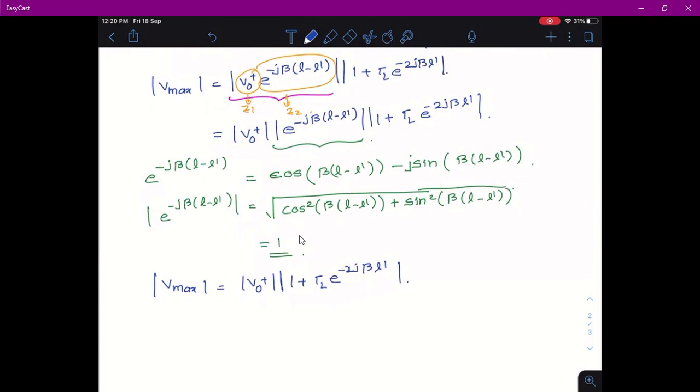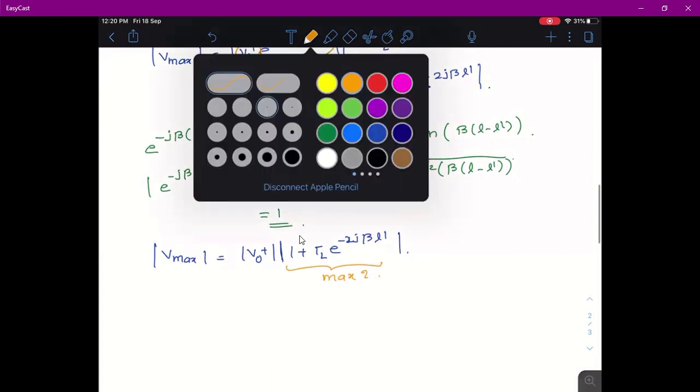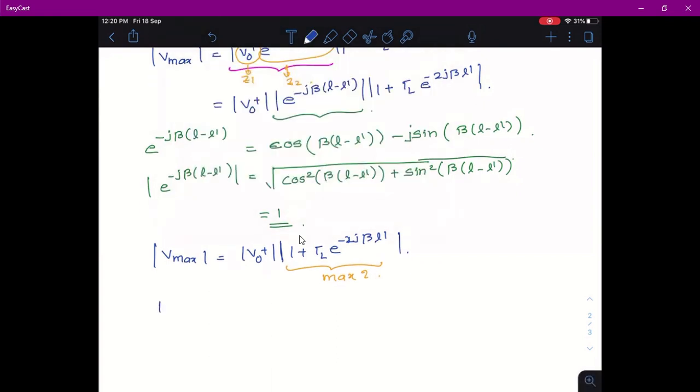Okay. Now, we need to find what is the maximum value of this. For that, tau L is equal to ZL minus Z0 by ZL plus Z0, which implies tau L is complex because impedances are complex.